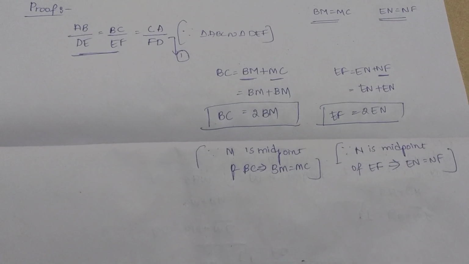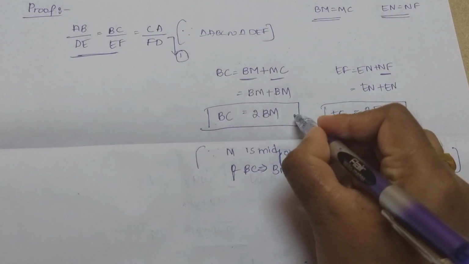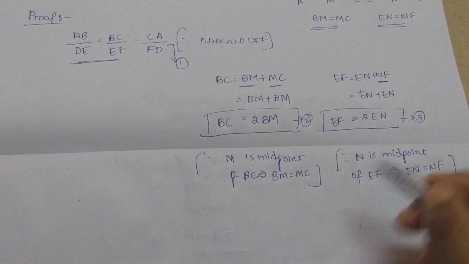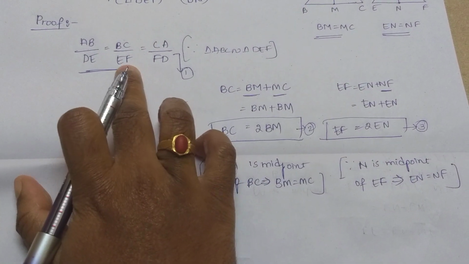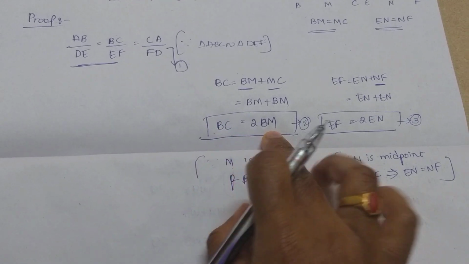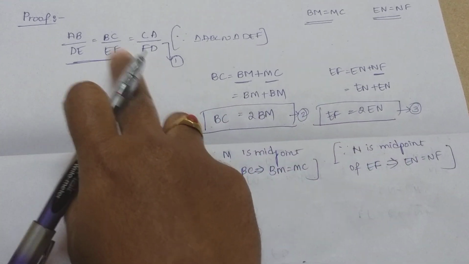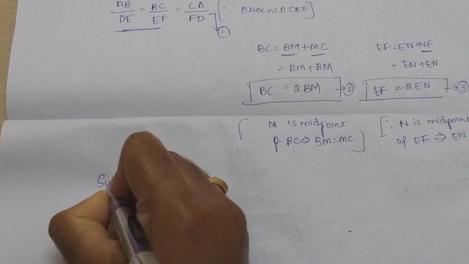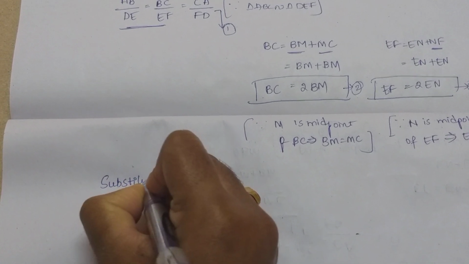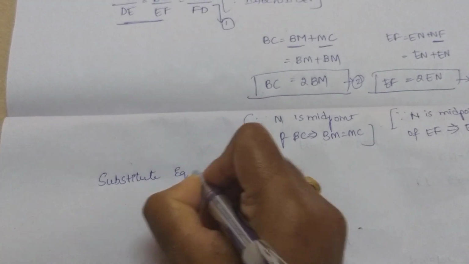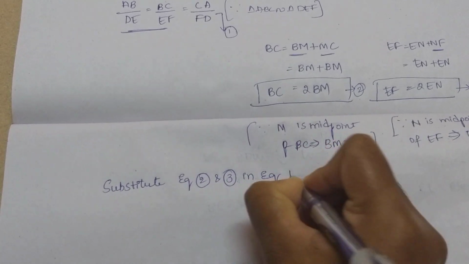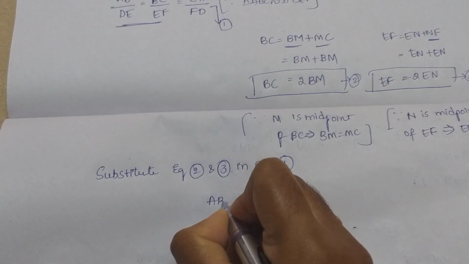In the next step, put BC as equation 2 and EF as equation 3. In equation 1 we got BC and EF, no? Let us substitute equation 2 and equation 3 in equation 1. Let's see what we get.